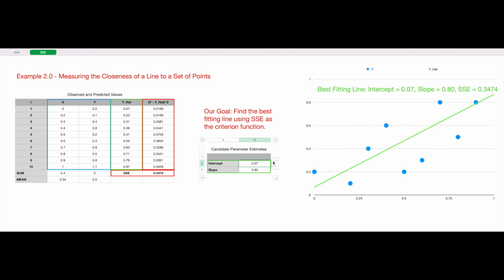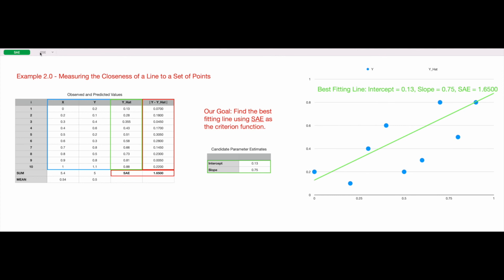That was 0.13, and the slope was 0.75. There we go.